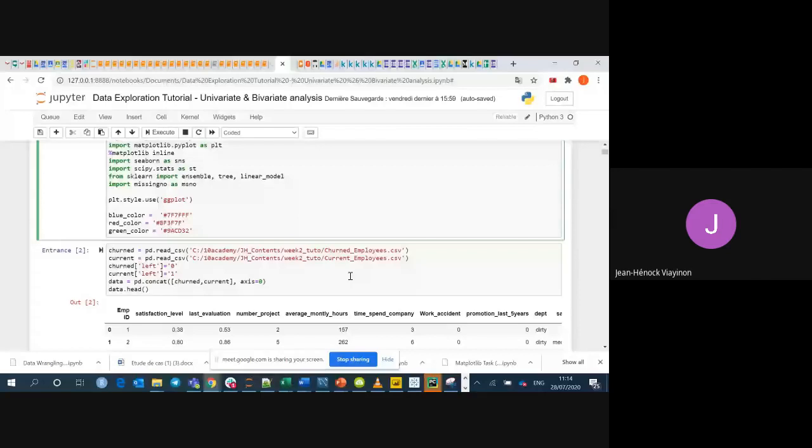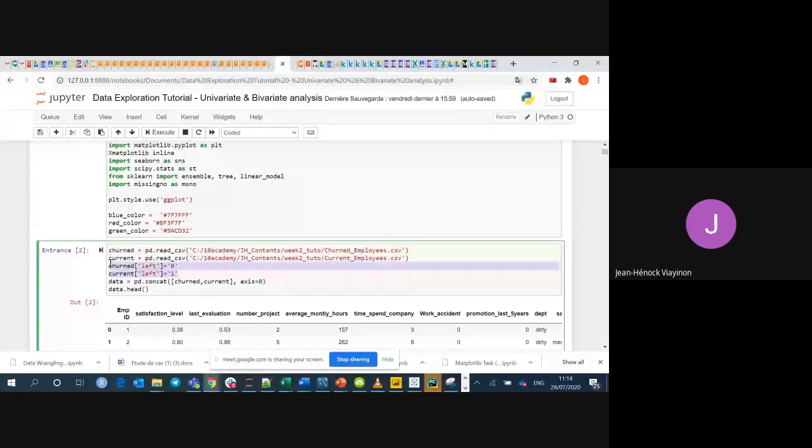You actually have one data set about churned employees and another about current employees. For the current employees, we don't know if they are going to churn or not. Normally this should involve some machine learning, but before any machine learning you need to explore your data set.